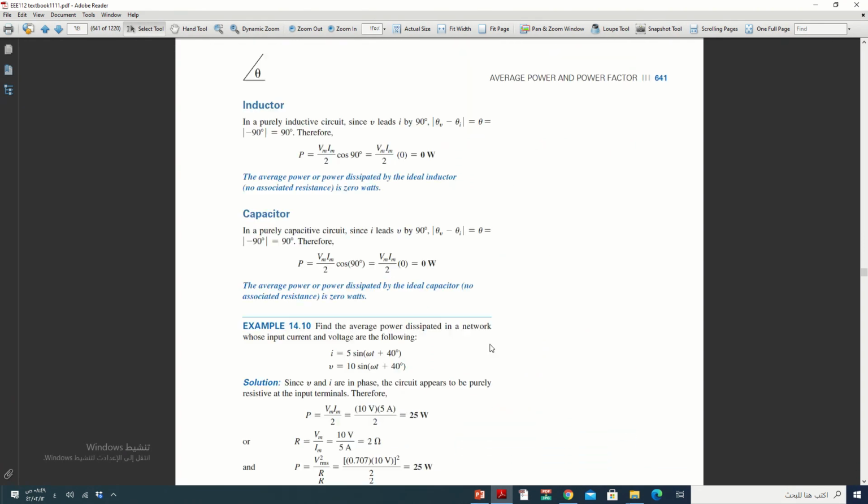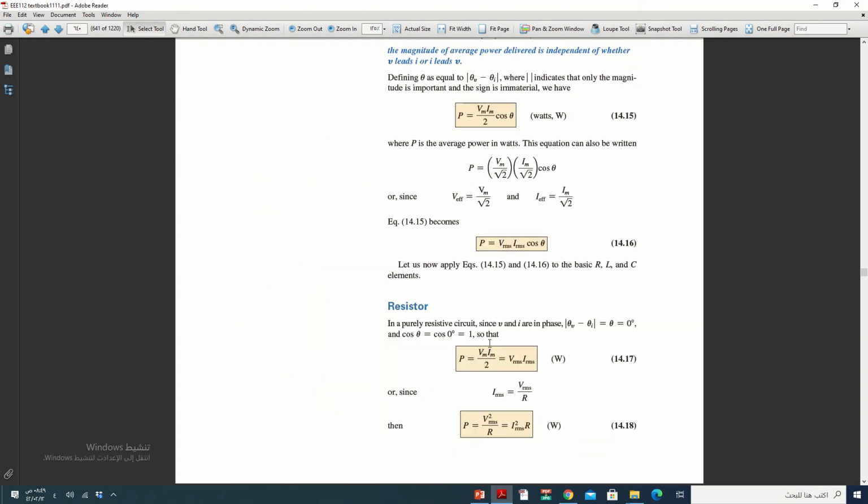Let us apply this to the resistor, inductor and capacitor. What is the shift between theta v and theta I in the resistor? It is zero. Why? Because theta v always equals theta I in the resistor, since they are in phase.